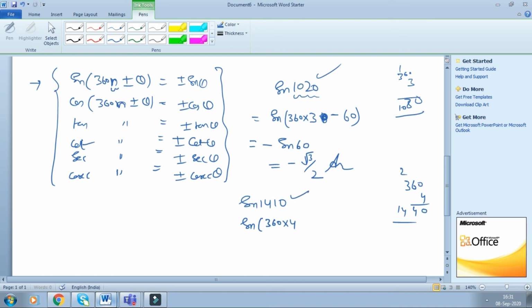Now to get 1410, I have to subtract 30. Since I'm using a negative sign, my result is negative, and your answer would be minus 1 by 2. I hope you understand how to solve the big thetas with the help of this formula. This is all about the quadrant system. Hope you like this. If you have any question, you may ask me.